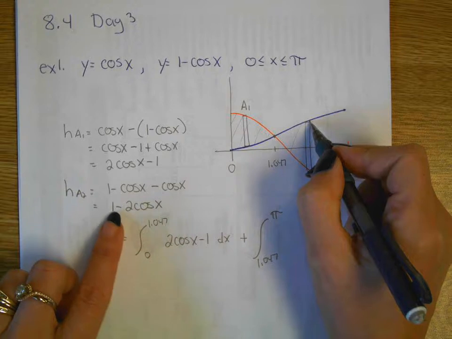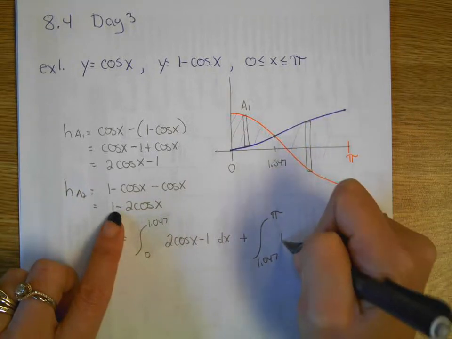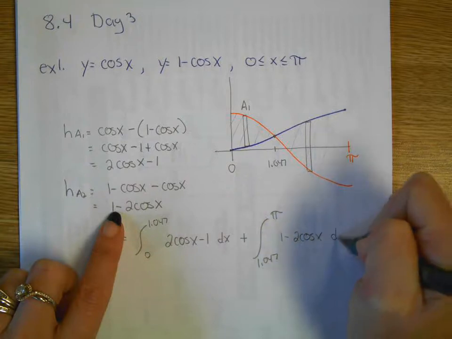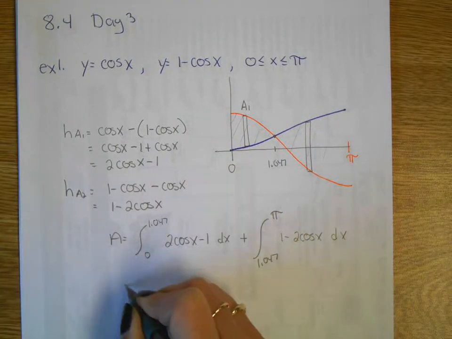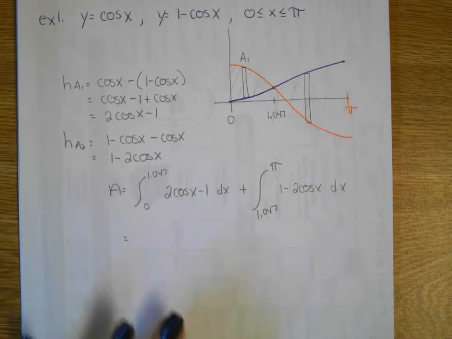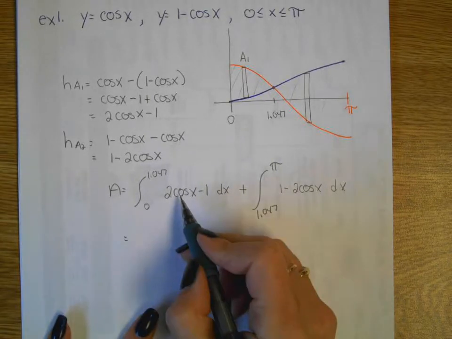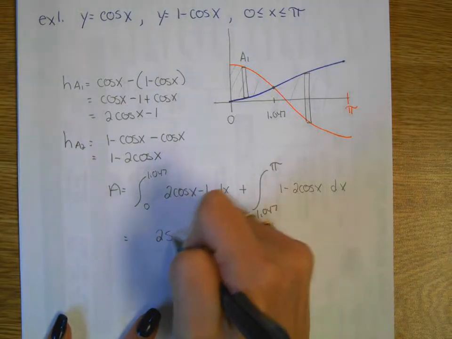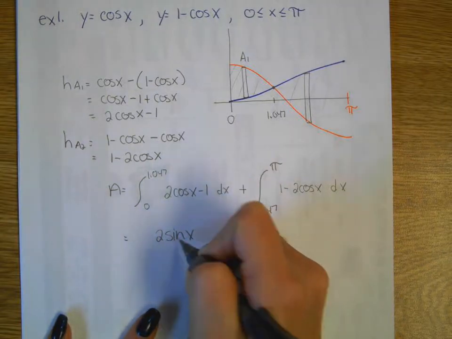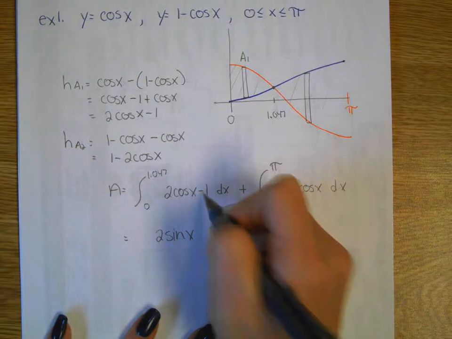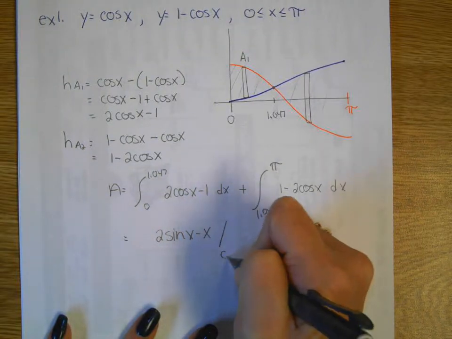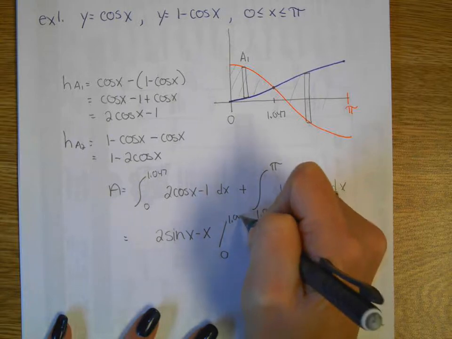And that height was this one here, 1 minus 2 cosine x. So now we just do antiderivative. This will be 2 sine x. Sine's derivative is cosine, and then antiderivative there will be x. And we'll go from 0 to 1.047.